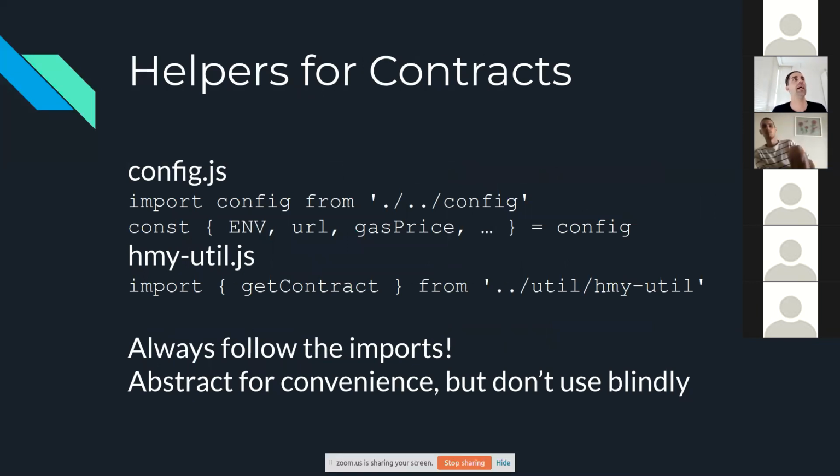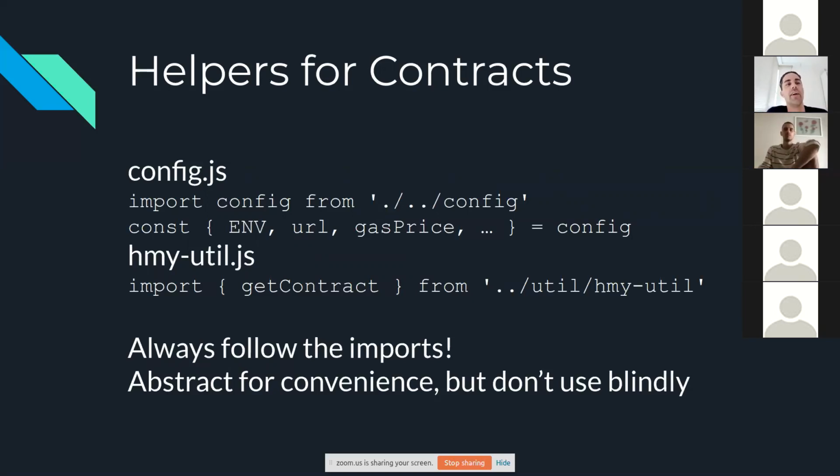Okay, so there are a few helpers that I've built over the course of building these Harmony dApps using our JavaScript SDK. One of them helps you with the configs. I mentioned last week that we have this .env file that has all of your environment variables for your different networks, and there's also a little file in almost all of the Harmony HRC repo examples, which are linked to in the last slide here. There's another file called config.js.